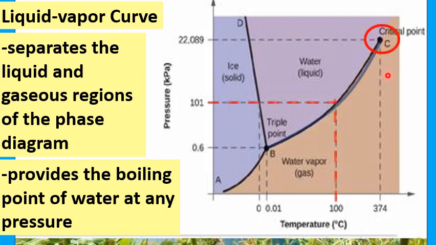The physical properties of water under these conditions are intermediate between those of its liquid and gaseous phases. This unique state of matter is called a supercritical fluid.